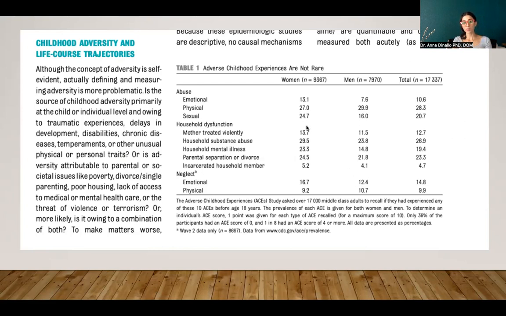When we look at sexual assault in females, nearly 25% say, yeah, I had that experience. When we look at household dysfunction, someone in my home had a mental illness, maybe schizophrenia or alcoholism, 30% of people in the US are saying, yeah, that's part of my experience. And then also when we look at neglect.